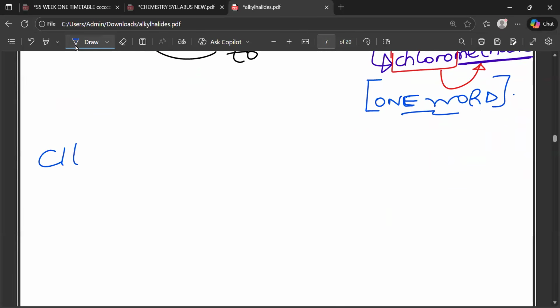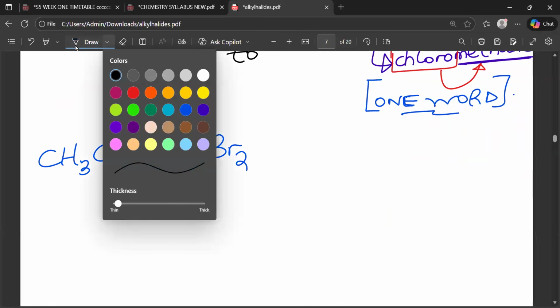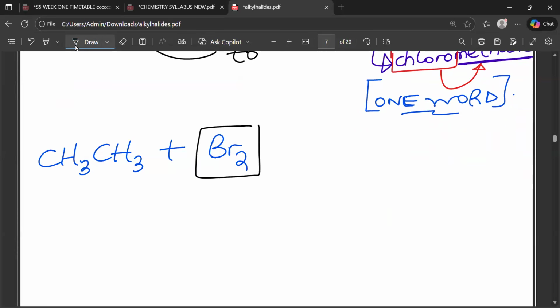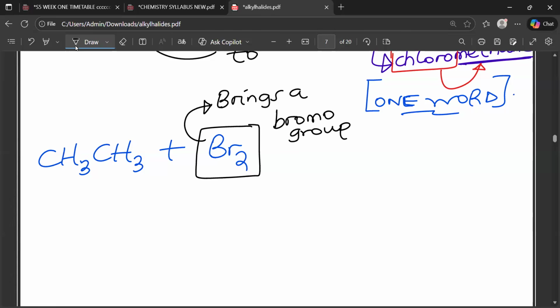What if it is ethane? CH3, CH3, and maybe it is Br2. Good. So just like we have said, Cl2 brought a chloro group to methane, so Br2 brings a bromo group. And it is bringing it to our ethane.